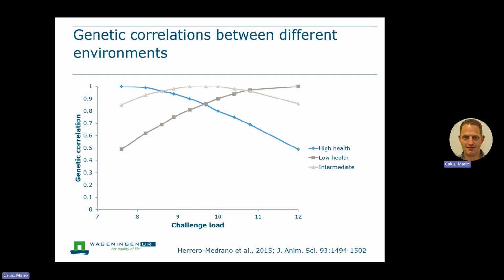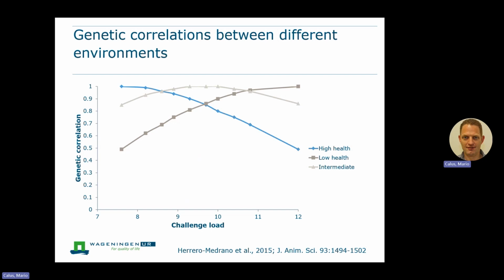But then the blue curve indicates, okay, what is the genetic correlation between this particular environment and an environment that has a continuously higher challenge load? And you see that as the difference between those environments becomes bigger, the genetic correlation becomes lower, to the point where between the extreme environments, it's about 0.4, 0.5.